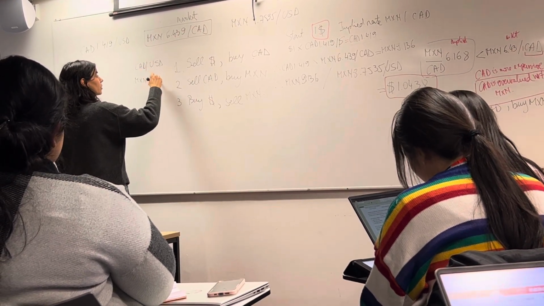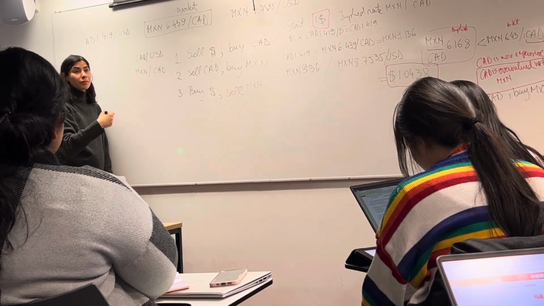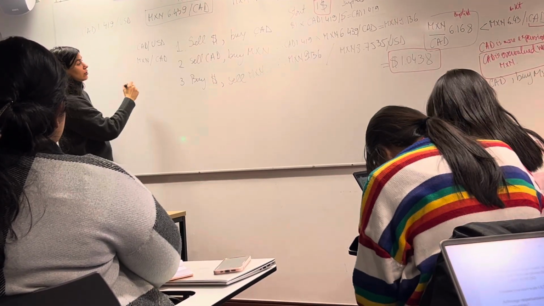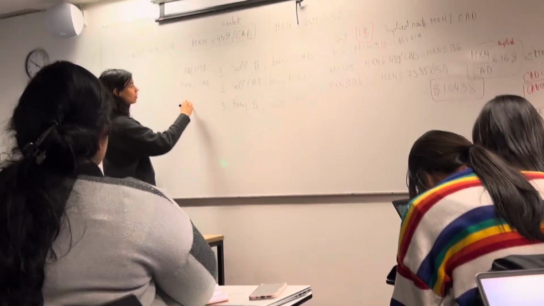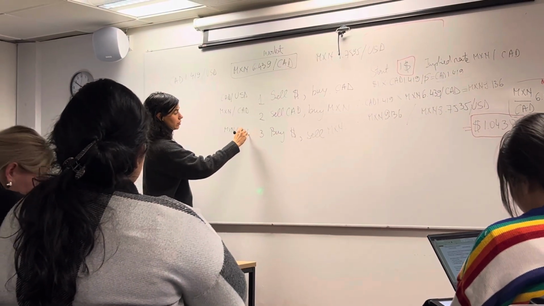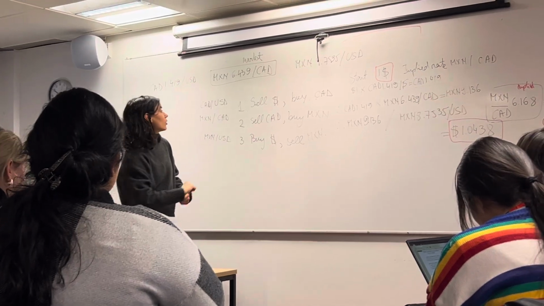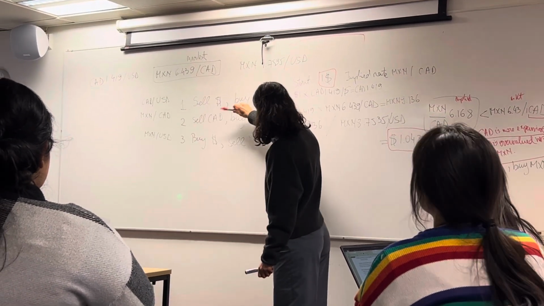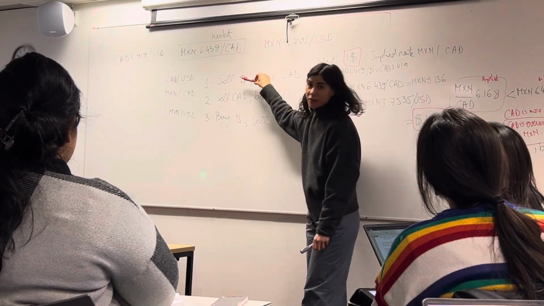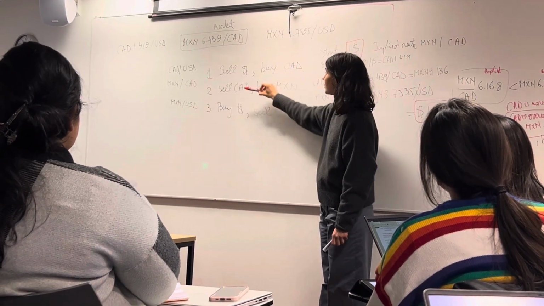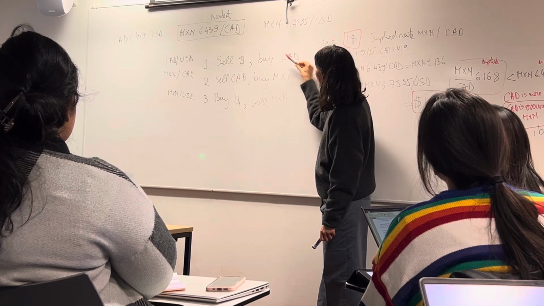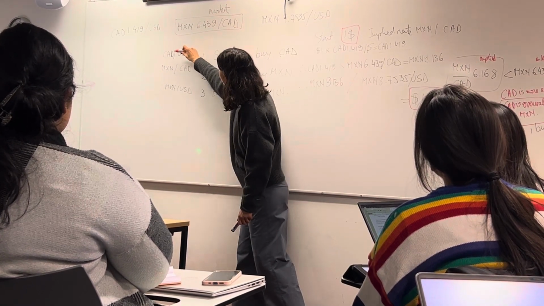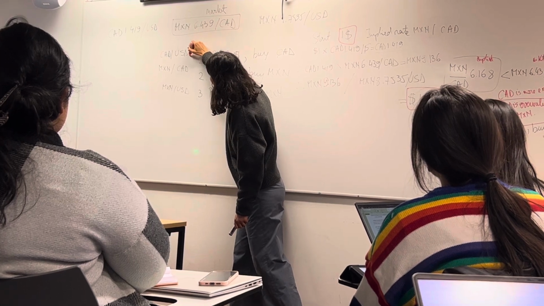If more and more people do that, basically they will put pressure in that direction. The price of the dollar will go up. In the first step, the Canadian dollar exchange. Yes, very good. The more and more people sell, the price of the dollar versus the CAD will go down, so this ratio will go down.